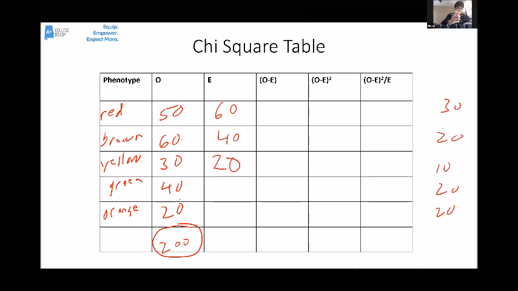For green, we actually counted 40 green M&Ms, but we expected 20% of 200, which would be 40, right? And for orange, we got 20. We expected, though, 20% of 200. 200 times 0.20, which is 40. Everybody with me on how we got the observed and expected numbers?